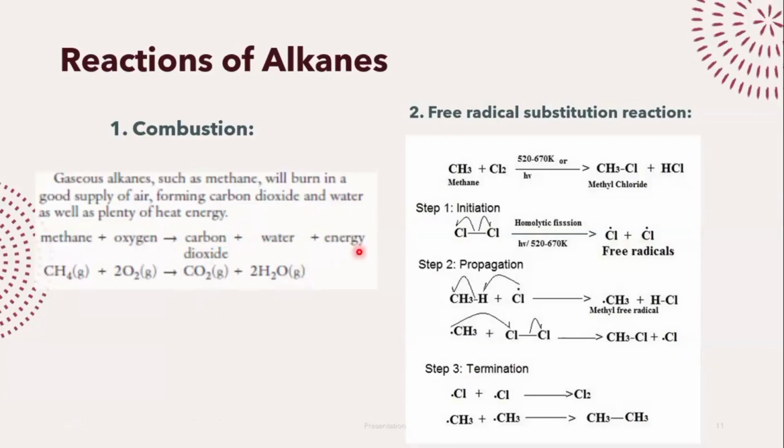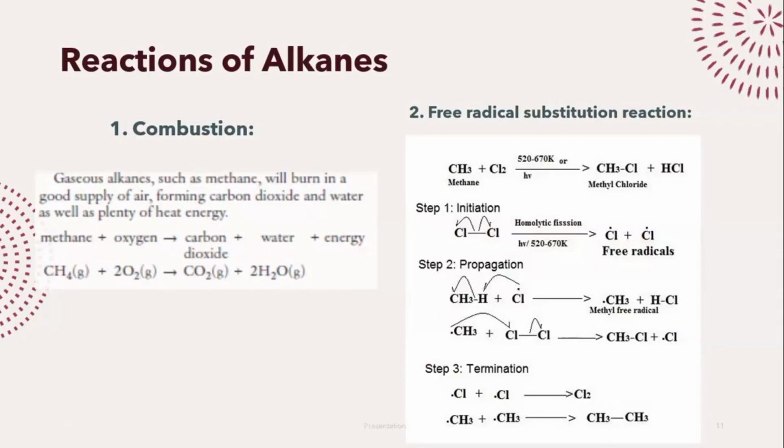The other reaction is a reaction with chlorine. Now, keep in mind that alkanes, like I said, are pretty non-reactive, so they will not react with chlorine on their own. For this, again, we require some help, and the help that we require is UV radiation, UV light.